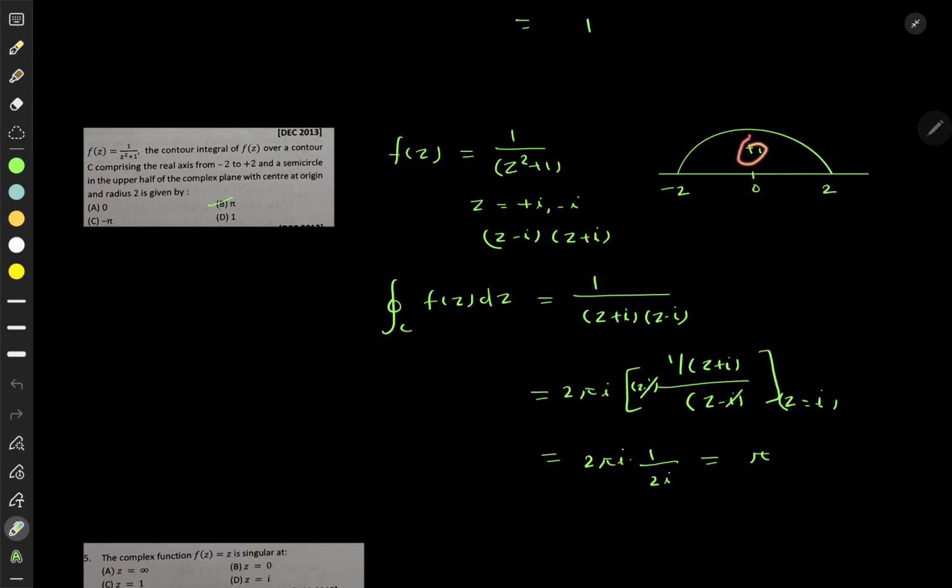Only one of them, z equal to iota, will be the problematic point inside the contour. So you know how we'll solve it: 2 pi iota into sum of residues. 2 pi iota, limit z tends to iota, and z minus iota by z minus iota will be cancelled out. 1 upon z plus iota will be left, and we will find its value at z equal to iota. So we are having the answer pi.